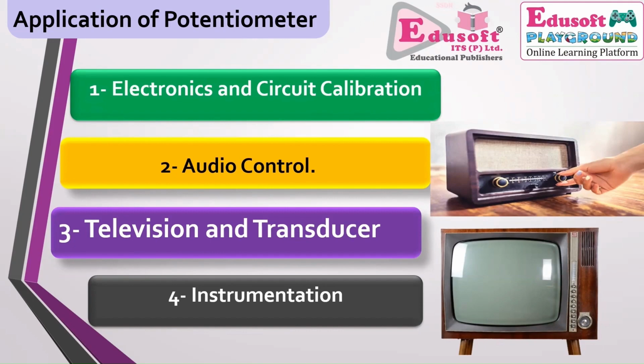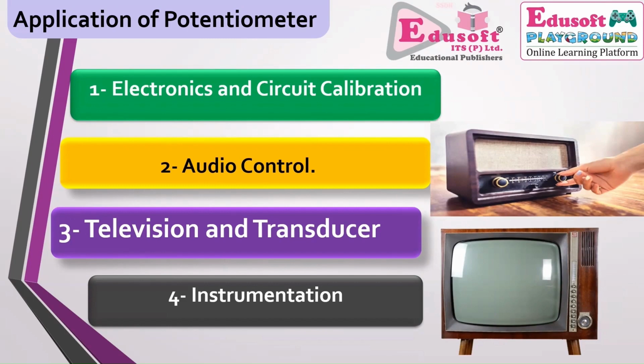In the transducer you can change the resistance value or sensor value. And in instrumentation you can do various things also. So these are the applications of potentiometer. Now we can see the next thing.